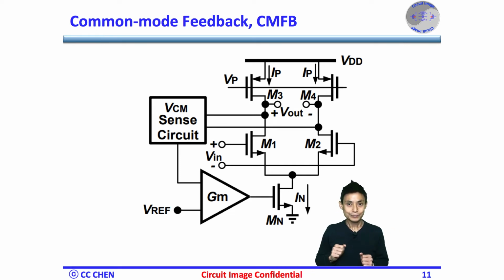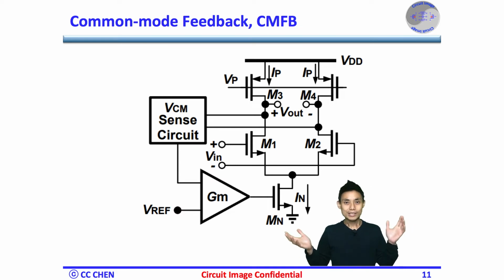On the other hand, if the VCM is smaller than the VREF, the output voltage of the OTA will decrease to reduce the tail current IN, and the output common mode voltage VCM will increase to the same as the VREF. So, the output common mode voltage will be the same as the VREF for sure.